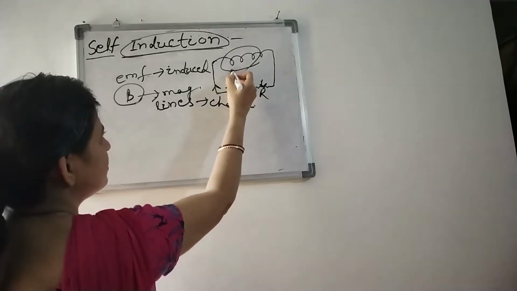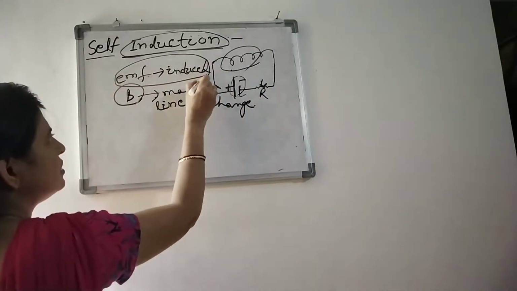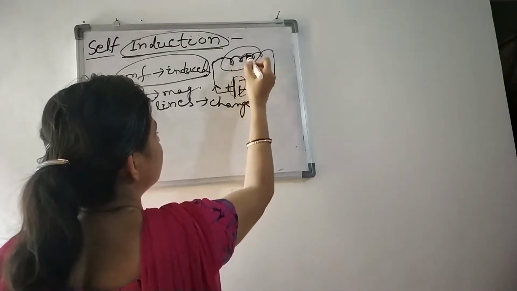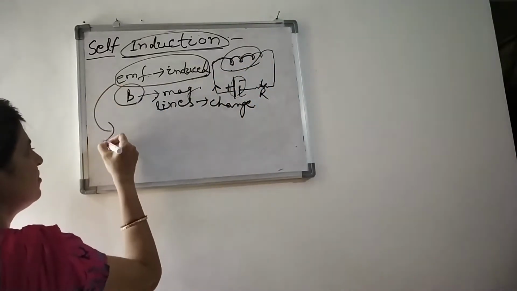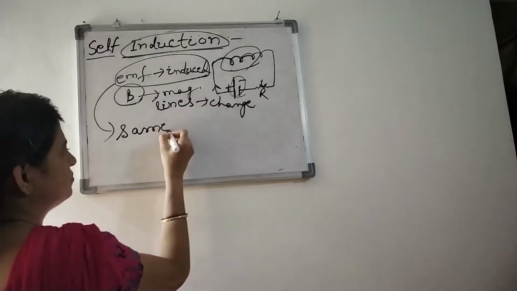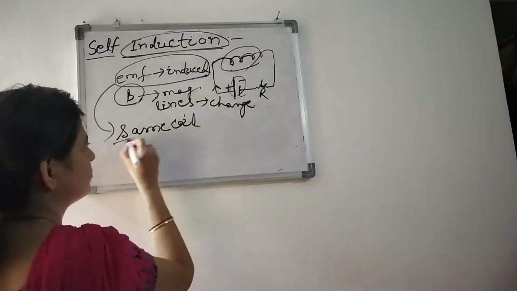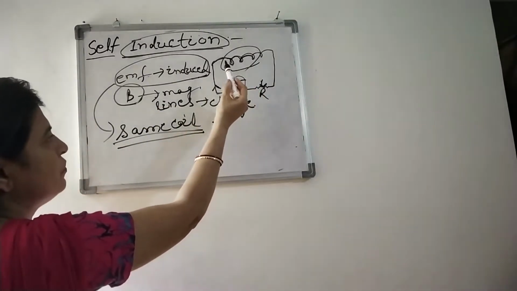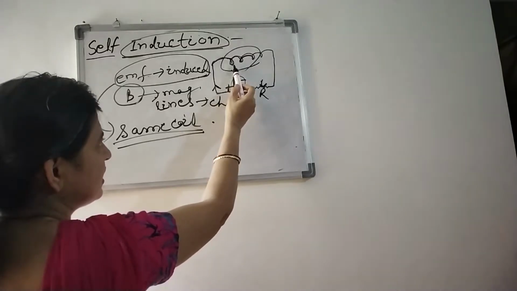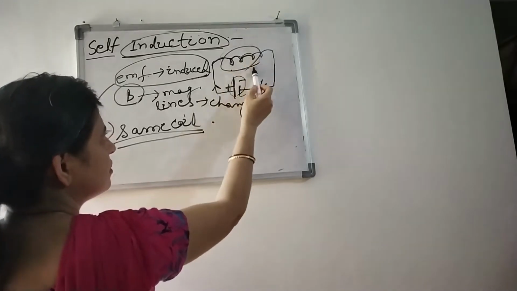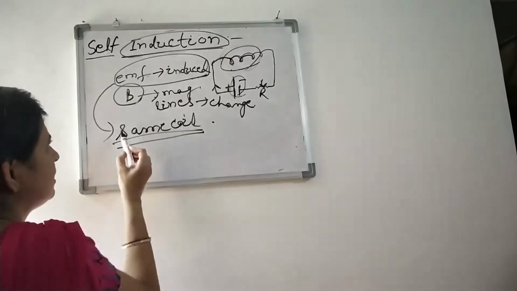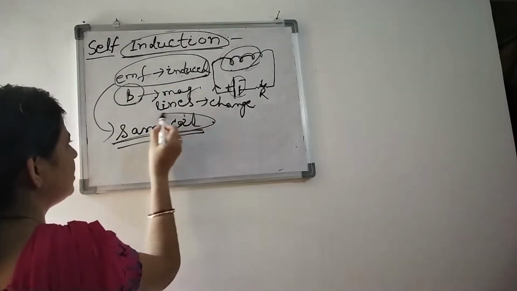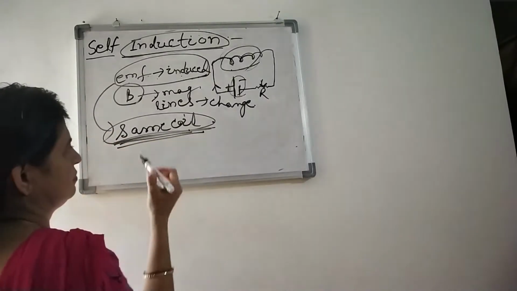As a result, there is an induced EMF in the same coil. That means when the current changes in one coil, the induced EMF will be created in the same coil.